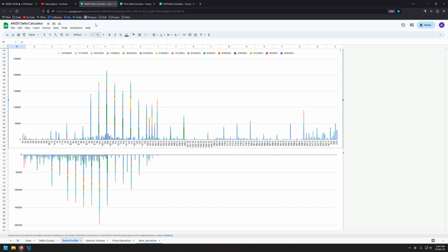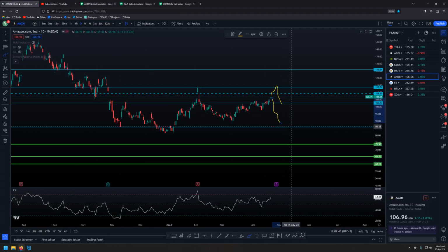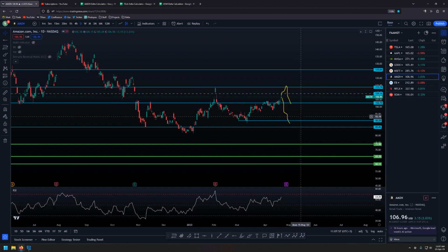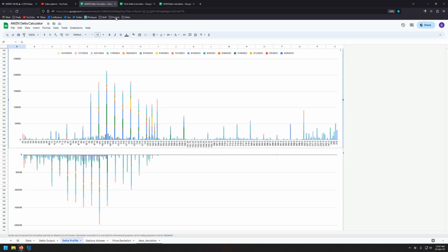So I think 90 is the minimum we can see, which would be around these lows here. But Amazon looks to be the most balanced between the mega caps. It actually has some room to go up. It's not capped immediately.